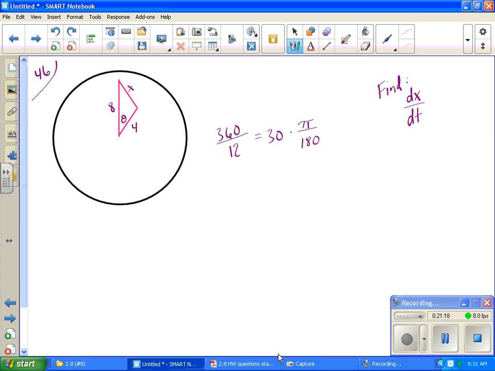Very good. So this turns into pi over 6. I almost wrote 60. So we're trying to find dx dt when theta is equal to pi over 6.